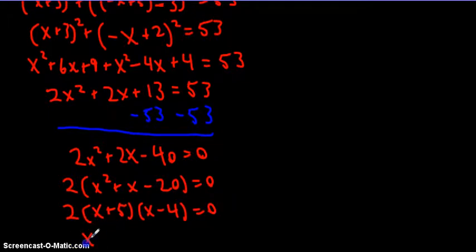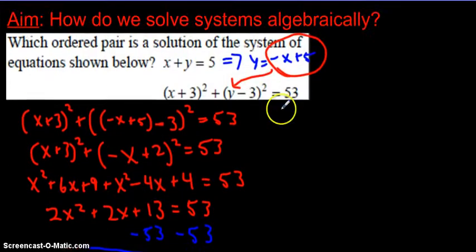So either x is equal to negative 5, which would make this part 0, or 4, which makes this part 0. So those are the possible x values. Using those, we have to find out what the y values are. So the first one, if x is 5, and the second one is if x is negative 4.